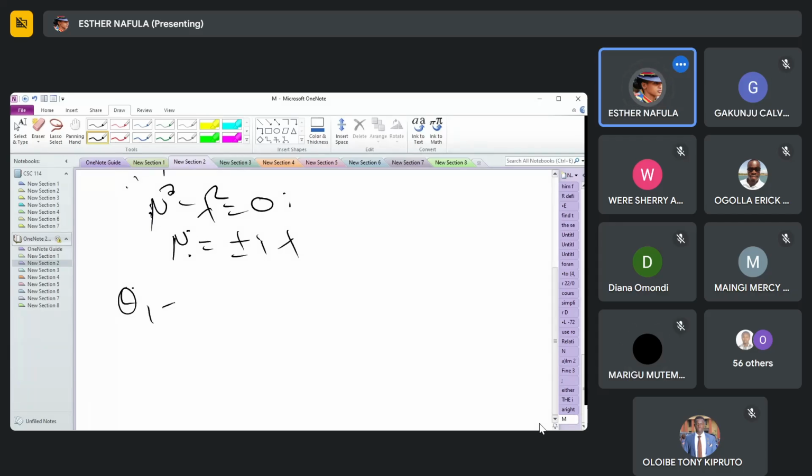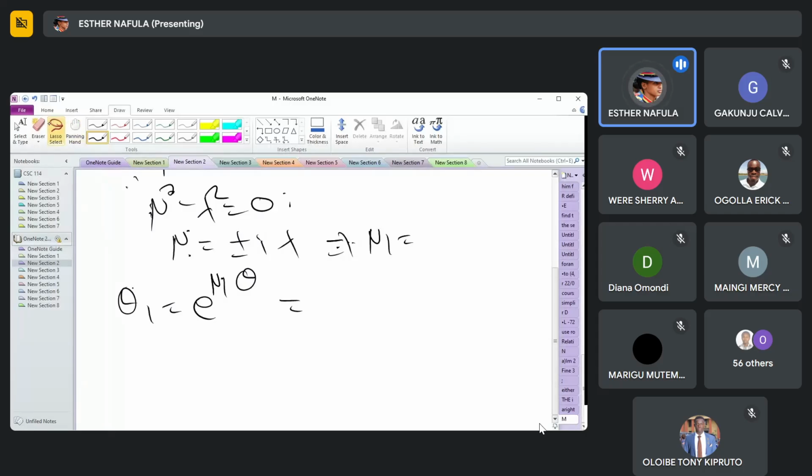Theta 1 is e to the mu 1 times theta. From here, you can choose your mu 1.